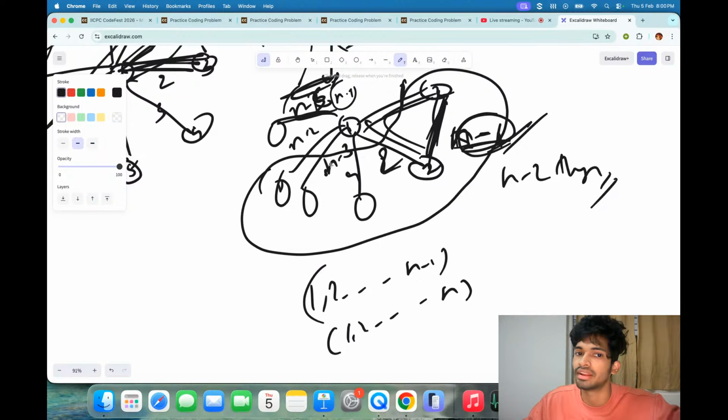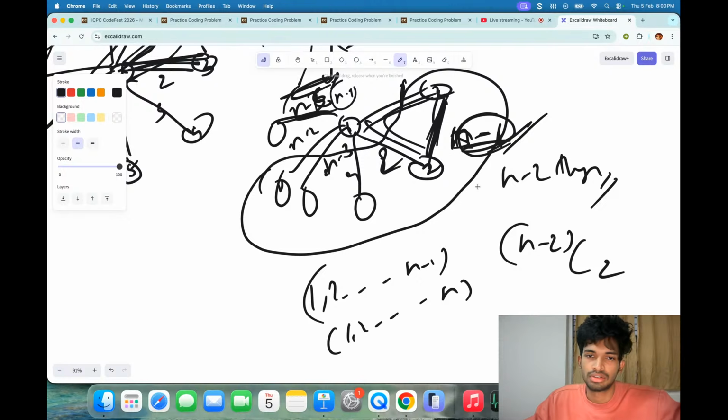In this graph, if you apply Kruskal's algorithm or Prim, all of these things will be added. Then you have n minus 2 C 2 number of ways to choose a pair among them.